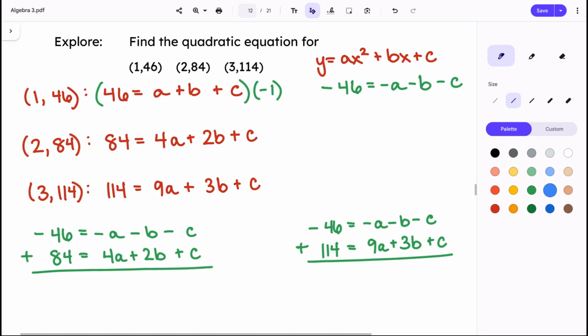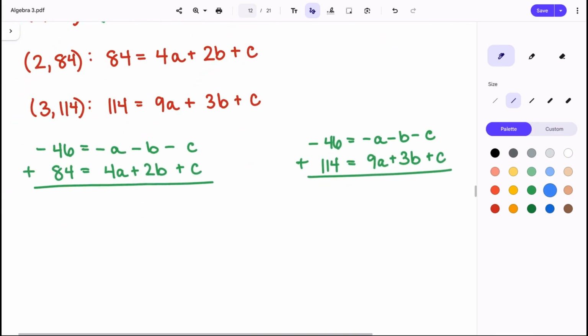Okay, if we add those together, what are we left with on my pairing up here on the left-hand side? Plus 1b, so b? No c.